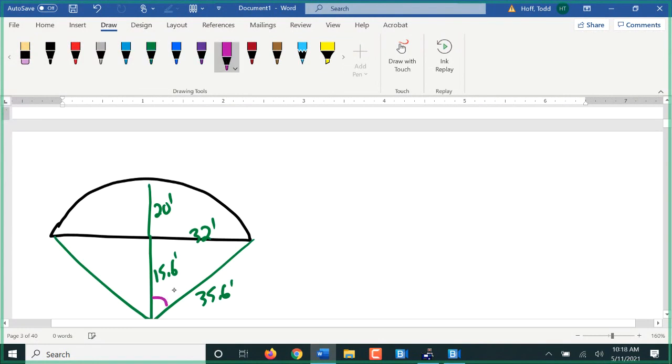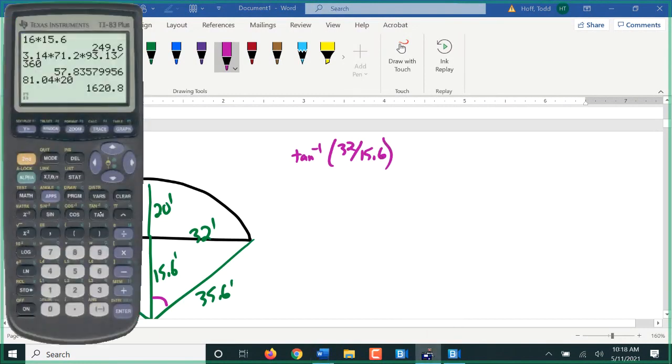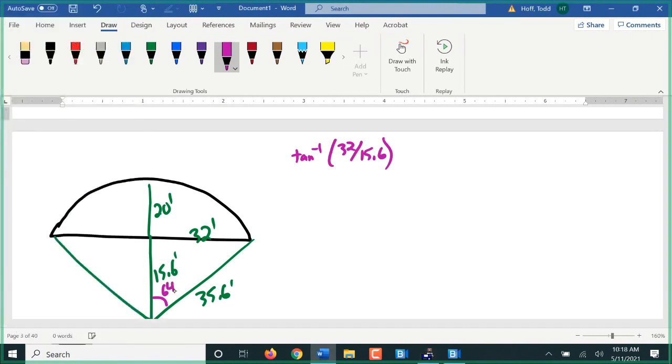This angle here will be the inverse tangent of 32 over 15.6. Give us 64.01. Doubling that gives us that this is 128.02 degrees.